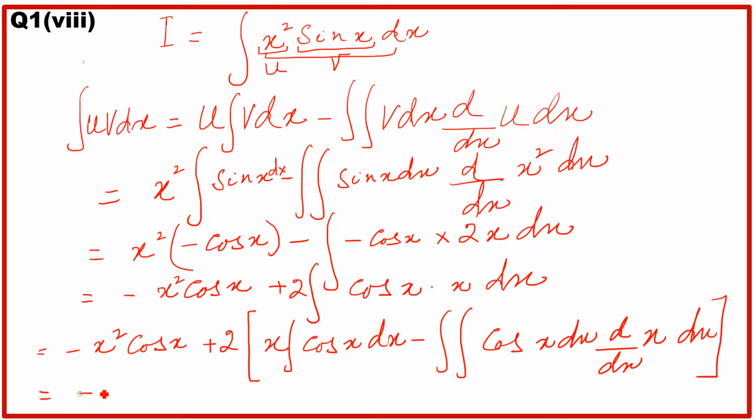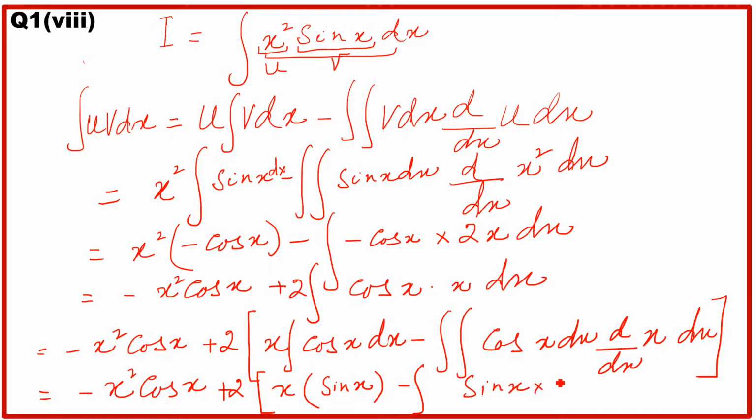So it will be equal to minus x square cos of x, which remains the same. We will multiply with this 2 in the next step. So here x and the integration of cos x is sine x, minus the same thing, cos x, which is equal to sine of x, and the derivative of this x is 1 dx, right?